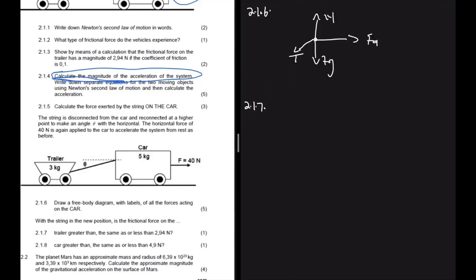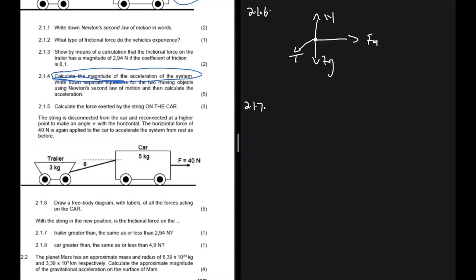So 2.1.7 is asking us what is going to happen to the frictional force now that the tension is at an angle. So when the tension is at an angle, when we resolve it along the x-axis, it's going to go down, and then it will have a lower value, right? So let's go back to our equation for the 3 kg mass.